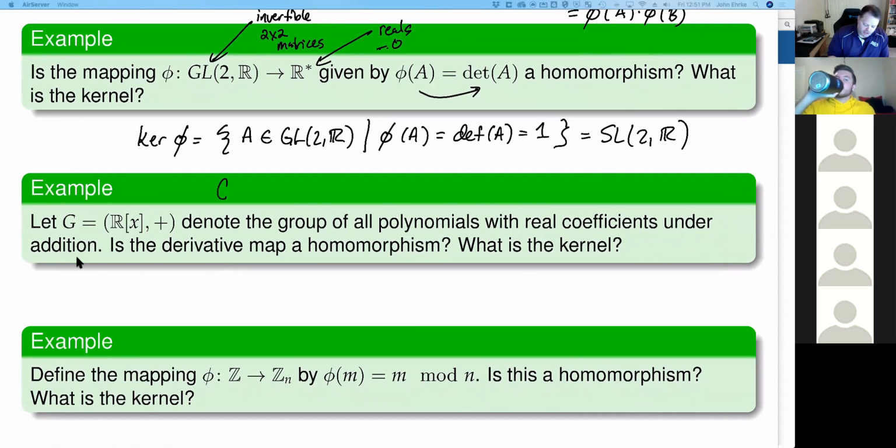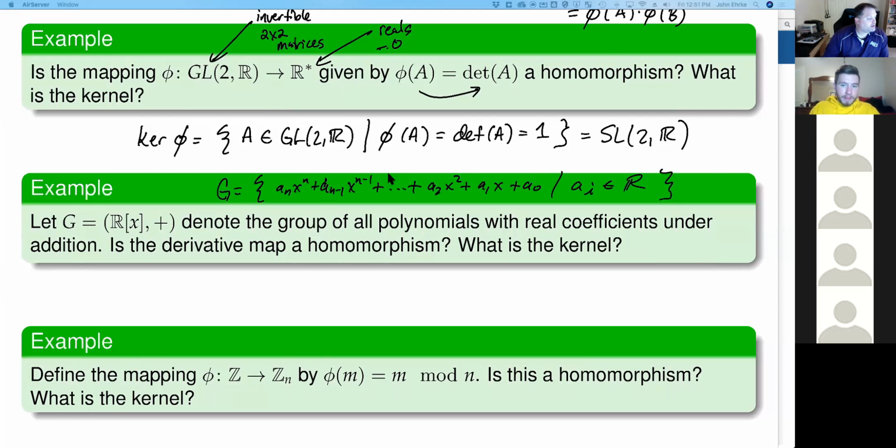So G is the set of all real polynomials, all right? They could be any size. So a_n x to the n, plus a_(n-1) x to the n minus 1, and so on, down to a_2 x squared, plus a_1 x, plus a_0, such that all of the a_i's are real.